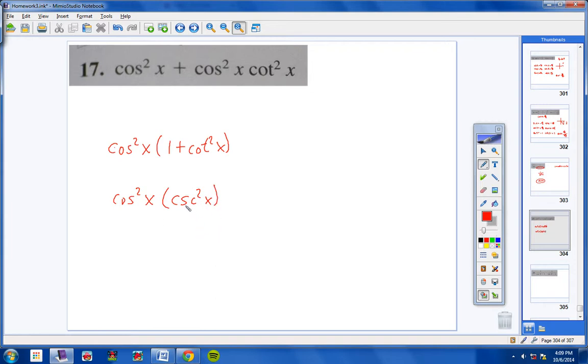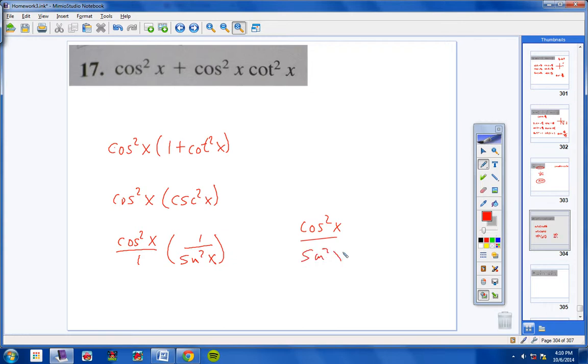Well, guys, think about it. Cosecant squared. Now watch this. Cosine squared over 1 times 1 over sine squared. Like that. Because why would I do that? Well, I'm going to show you why in a second. But cosecant squared is the same thing as 1 over sine squared. And now multiply these together and you get cosine squared over sine squared.